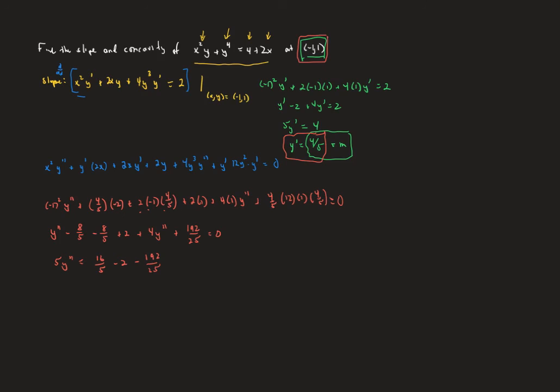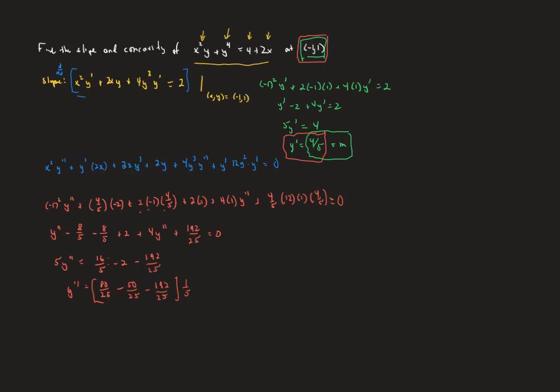If we get a common denominator of 25, if we multiply top and bottom by 5 on the 16/5, 5 times 16 is 80 25ths, and the negative 2 would be a negative 50 25ths, and we already have that negative 192 25ths, and we're going to multiply that whole thing by 1/5. If we're talking concavity, all we really need to know here is, and I think I wrote 2 minus signs, I think that's just a minus.